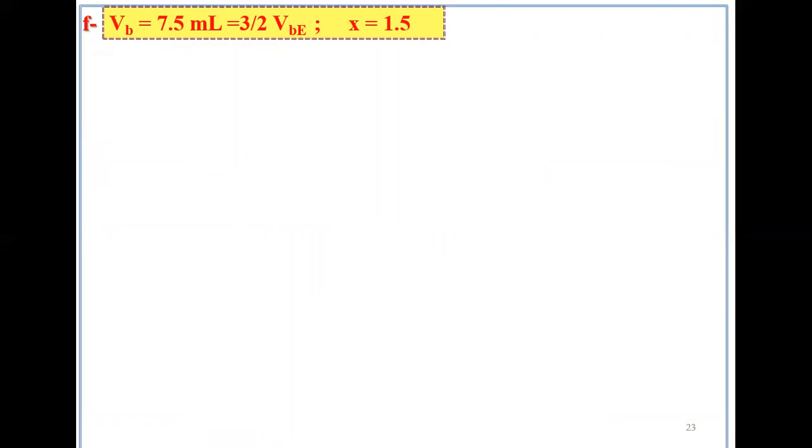At second half equivalence, do I have to think a lot? Already x is 1.5, that's second half equivalence. And of course, with volumes it's a little bit harder: 5 milliliters is my equivalence, another 2.5, that's my second half equivalence.